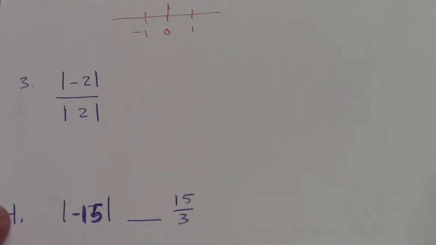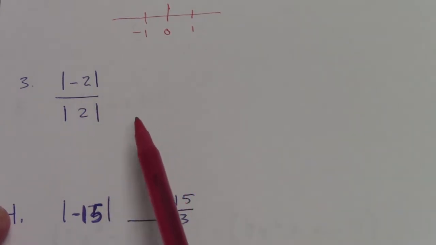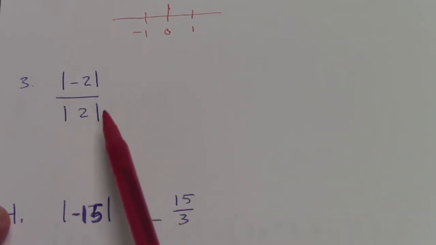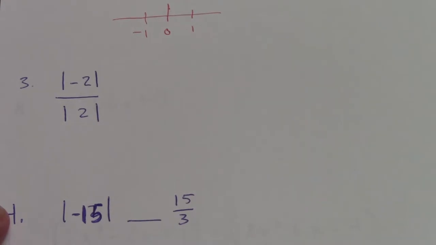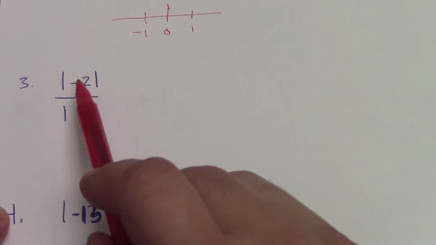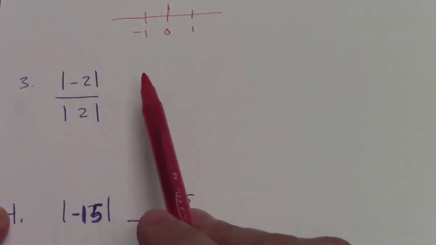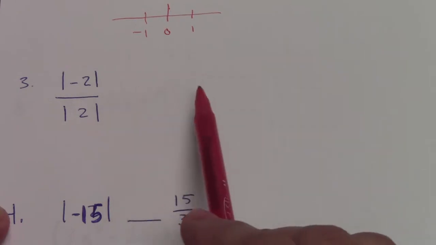Number 3, absolute values. On these problems I recommend that you rewrite the problem because it'll take out errors. This is a pretty simple one, but I'm going to rewrite it. Remember, absolute value means whatever's in the brackets, you're taking it out and figuring out a distance from 0.